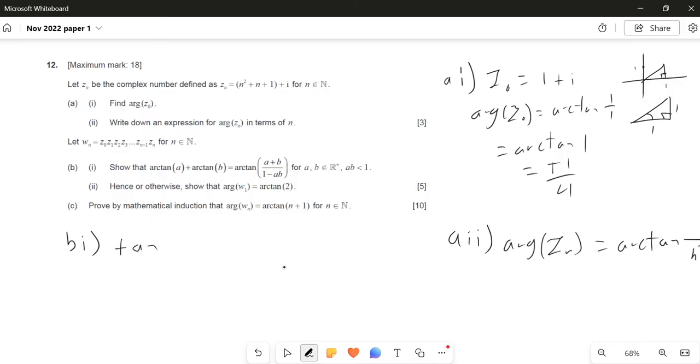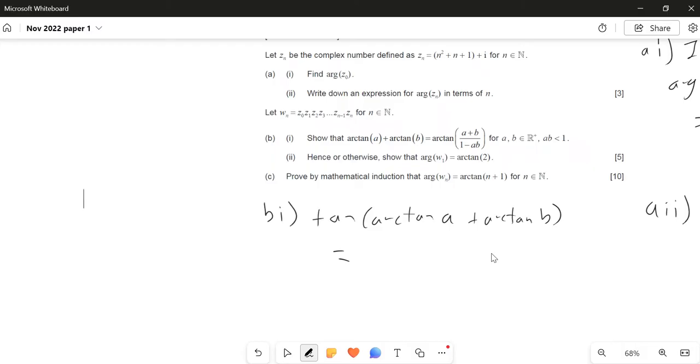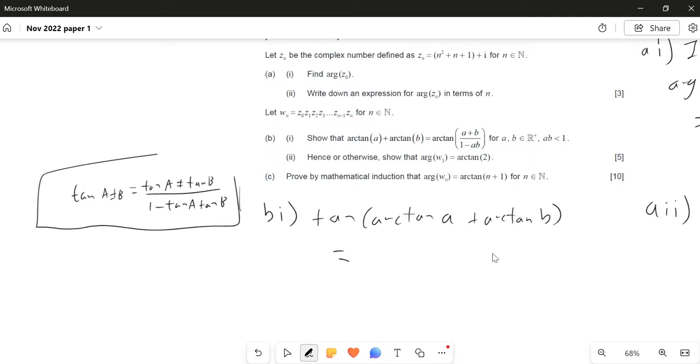So tan of arctan A plus arctan B will be equal to, just to remind you of the formula, tan of A plus B equals tan A plus tan B over 1 minus tan A tan B. This is in the formula booklet, by the way.